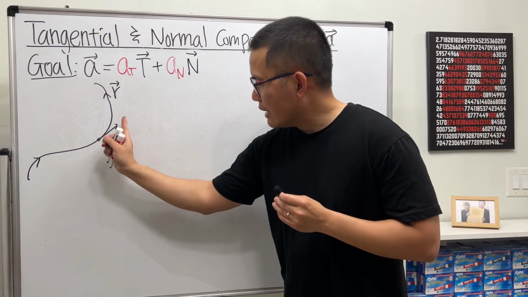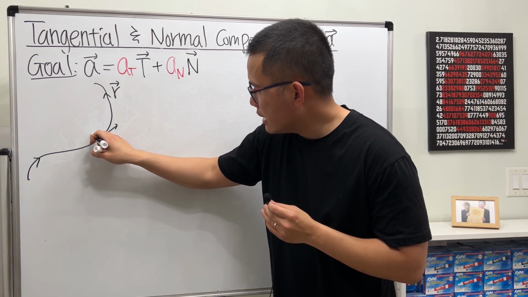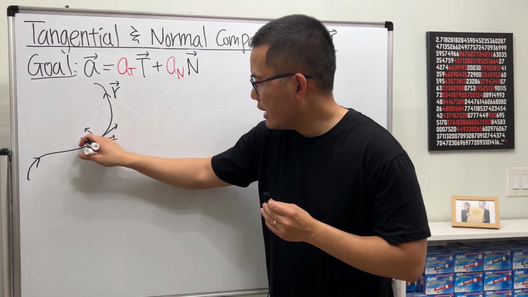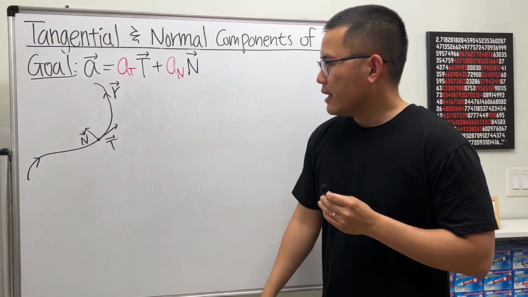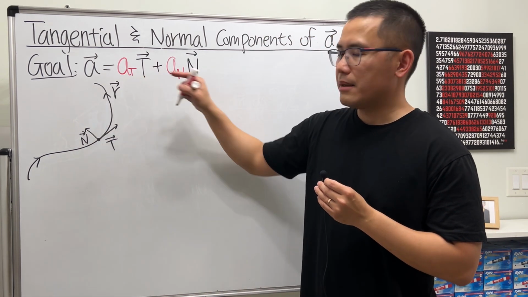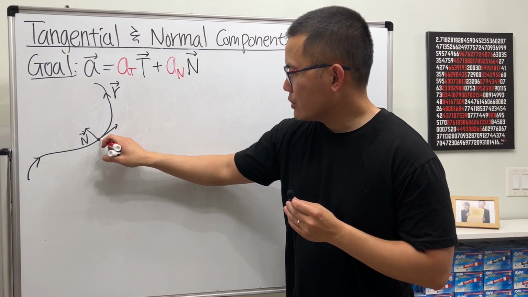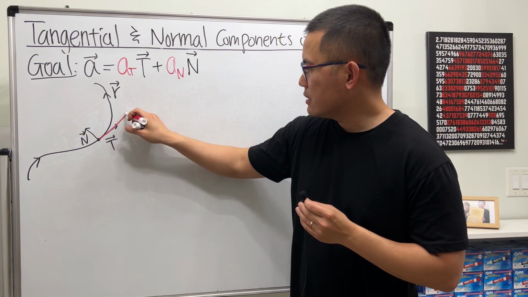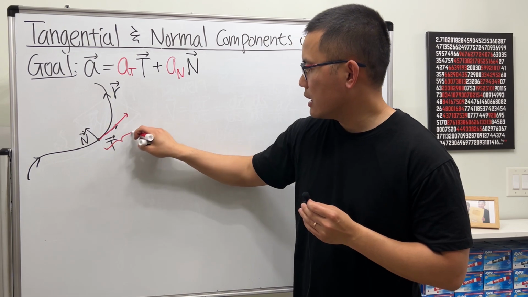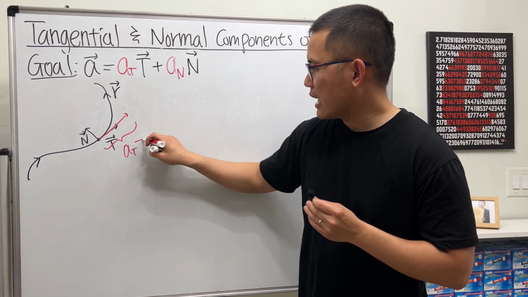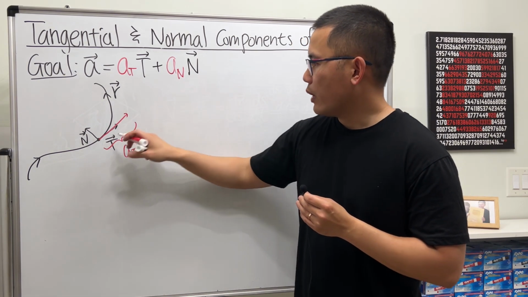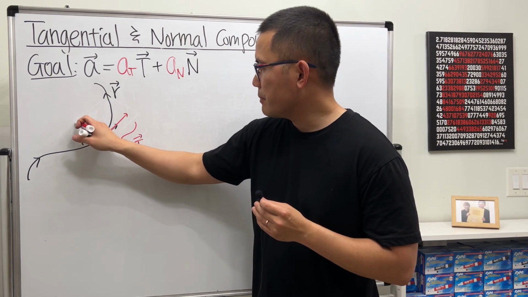And then once we have T, we can say here is N, it's normal to this, and it also has length 1. Alright, now we have A_T times T. So I'm just going to say, maybe it's longer like this. So here is A_T times T. And then for A_N times N, I will just put it up like this right here.